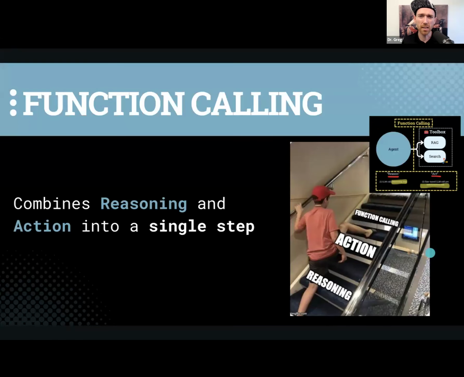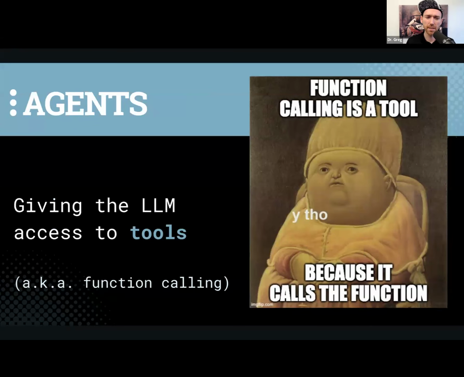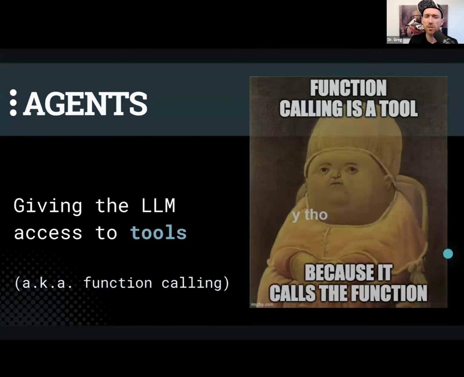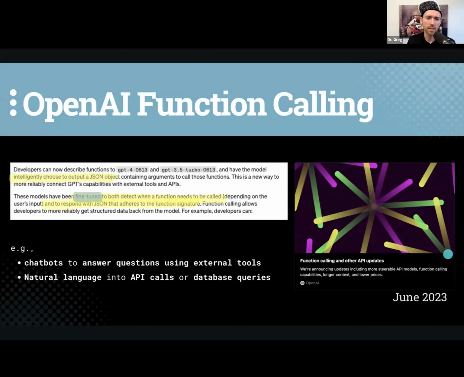So giving the LLM access to tools is just literally giving the LLM access to functions it can call. And this is not new technology. I mean, the OpenAI function calling API was released in June 2023. These models have been fine-tuned to both detect when a function needs to be called and to respond with JSON that adheres to the function signature.